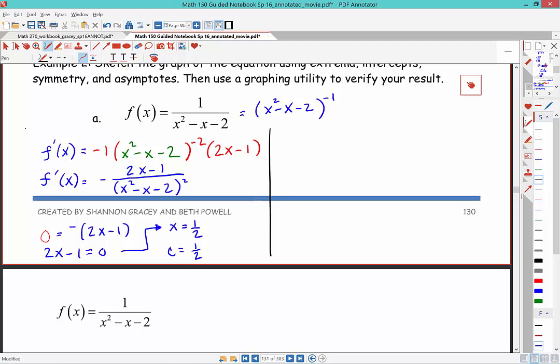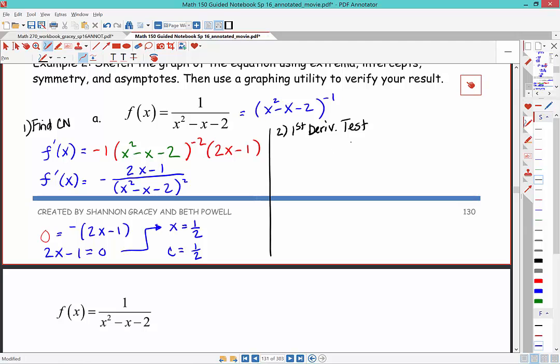What we did first off is we found the critical numbers, right? Now, the second one, let's do our first derivative test, which gives us information about on what domain values the function is increasing or decreasing, as well as relative extrema.